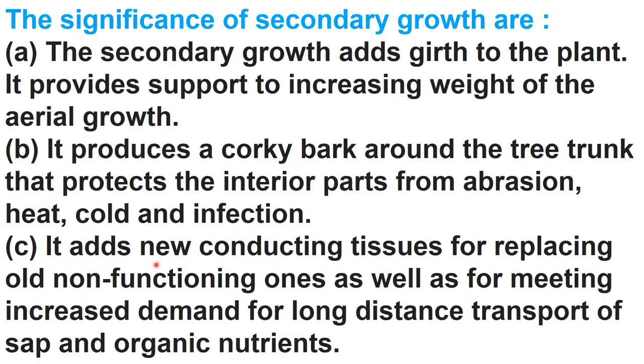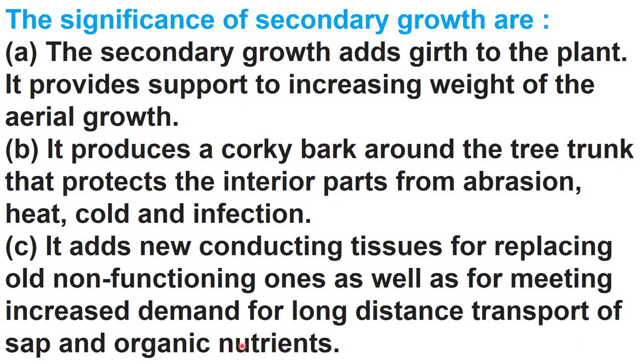Next, it adds new conducting tissues: secondary xylem and secondary phloem are produced due to secondary growth. These conducting tissues are produced for replacing old non-functioning ones as well as for meeting the increased demand for long distance transport of sap and organic nutrients, because the plant is increasing in height.